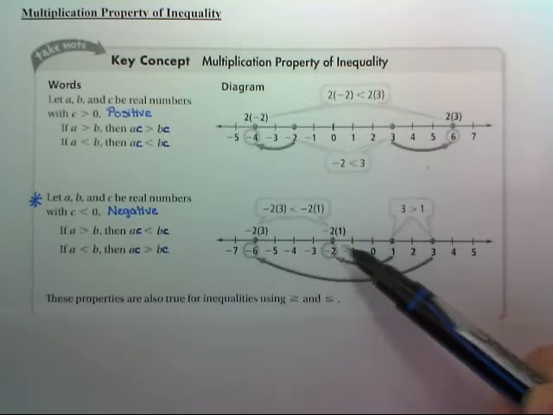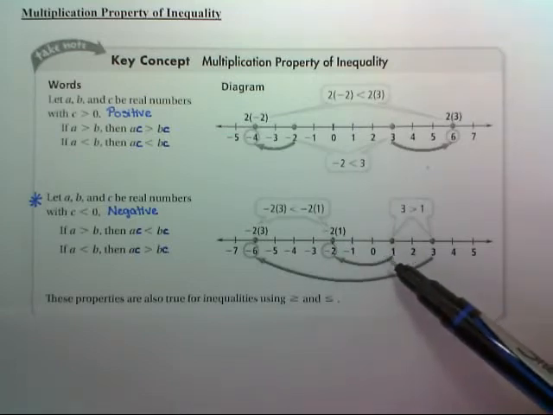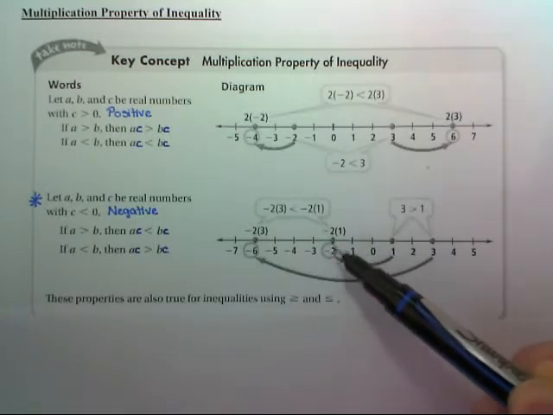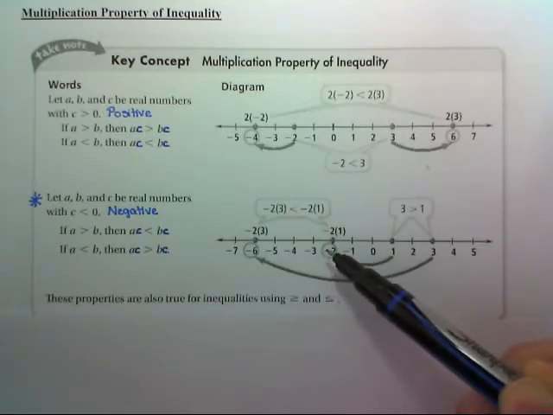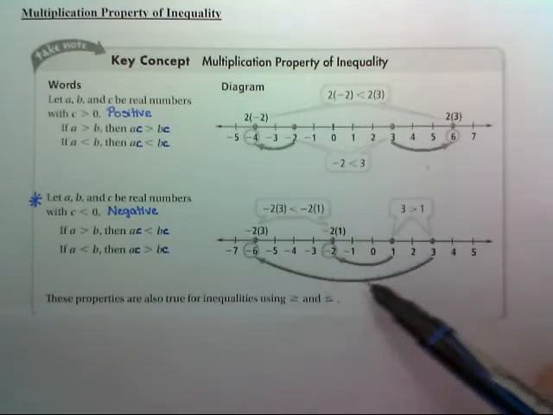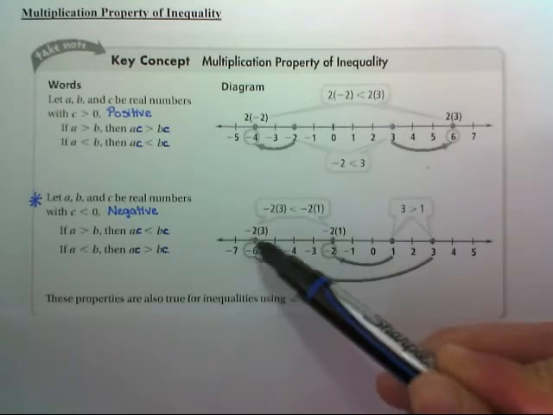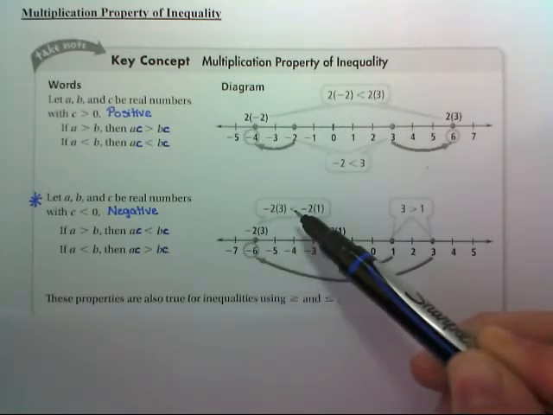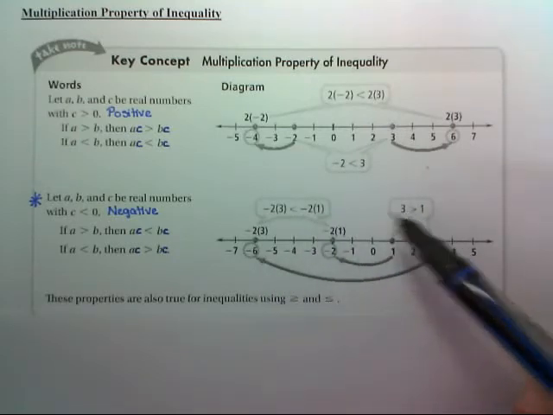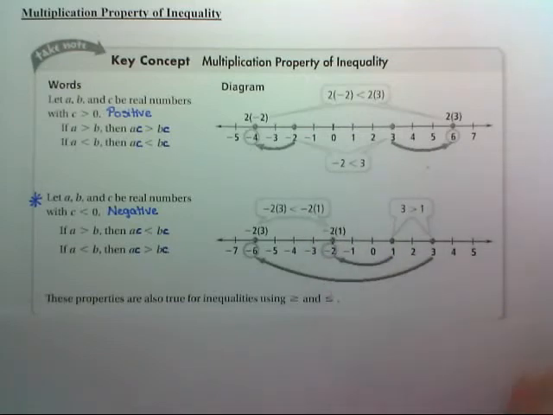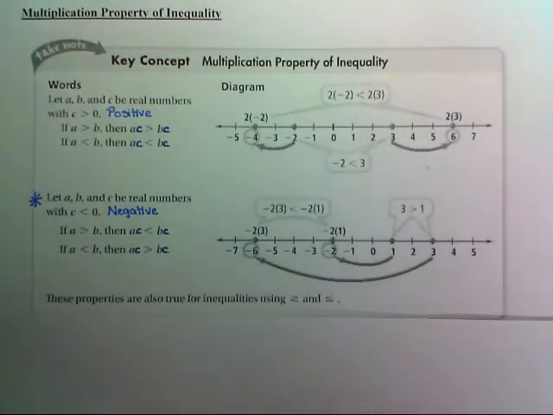But look what happened. The product of 1 and -2 is now larger than the product of 3 and -2. It pushed it even further backwards. So it reversed the order of our inequality symbol. That's what happens whenever you multiply by a negative number.